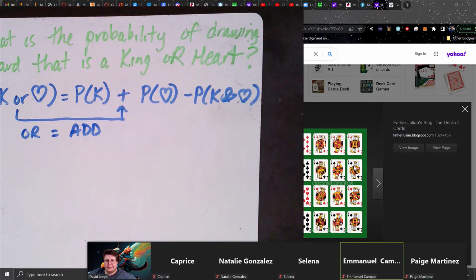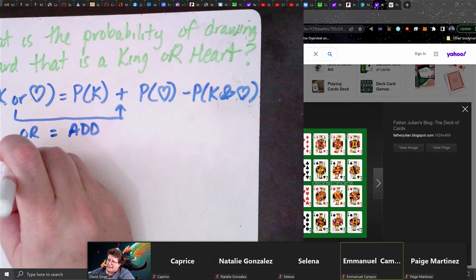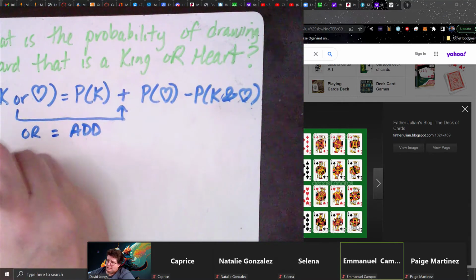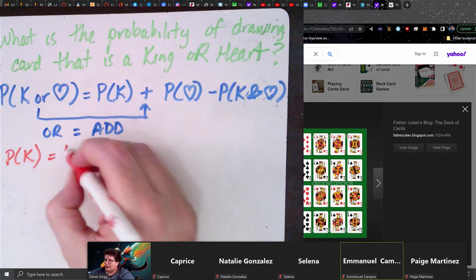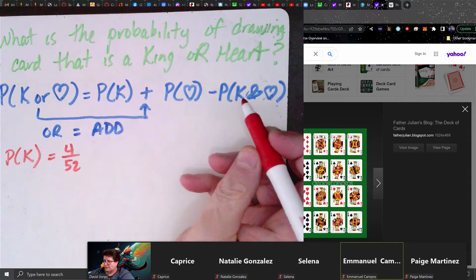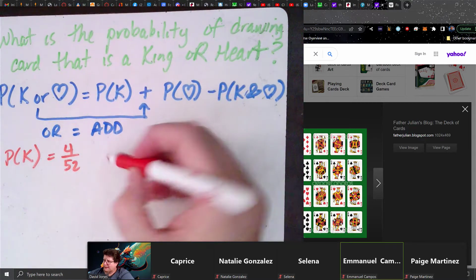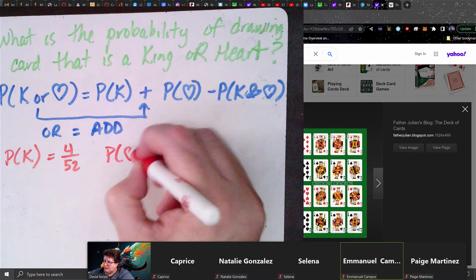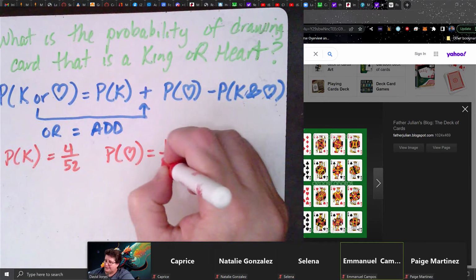This is a king, this is a king, this is a king, this is a king. There are 4 kings. So the probability of getting a king is 4 out of 52. The probability of getting a heart, we said there was 13 in each suit, so 13 out of 52.